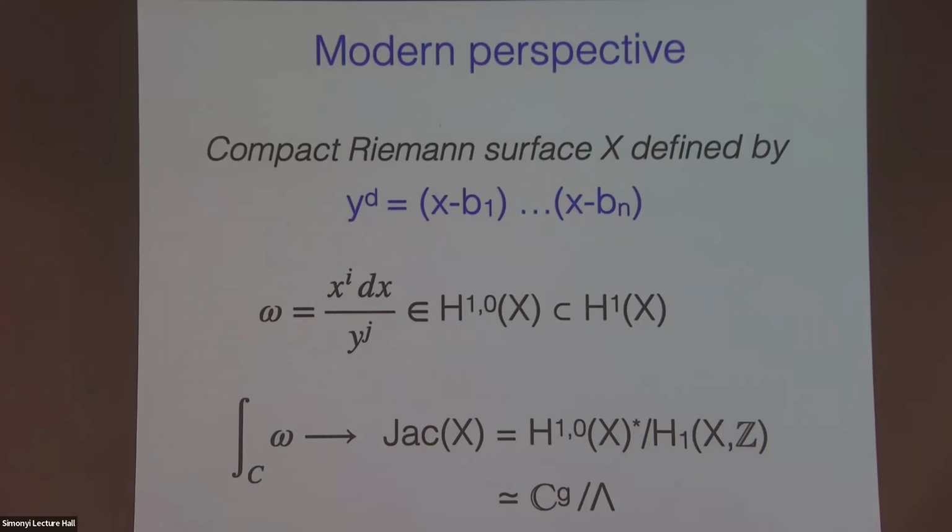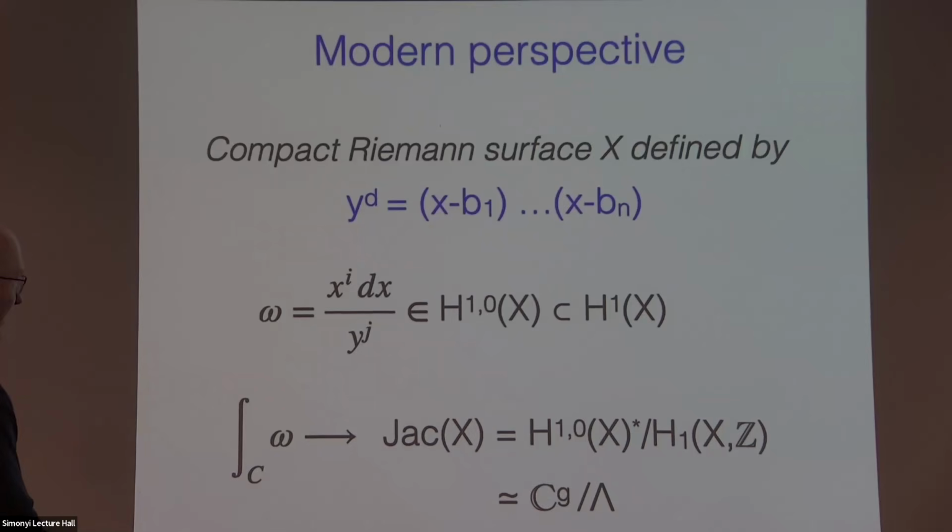And then one might consider definite integrals, say along cycles on this surface, and one is eventually led to the theory of the Jacobian, which is the way to capture the holomorphic function on X you get by simultaneously integrating all g of its independent holomorphic one forms.